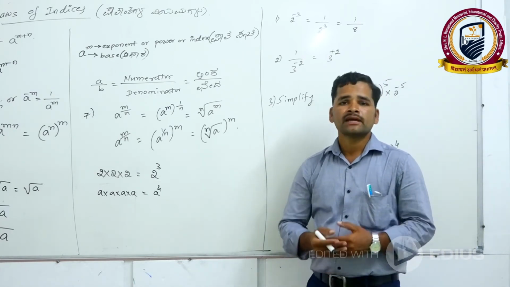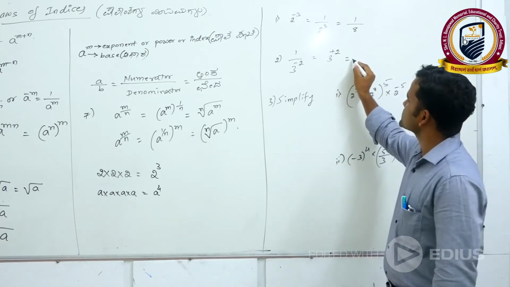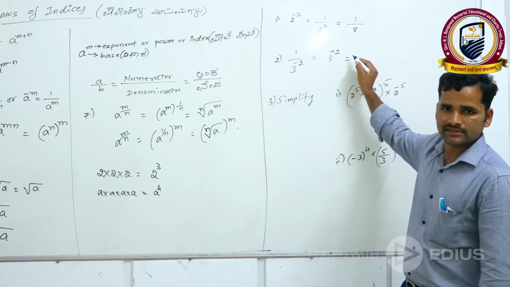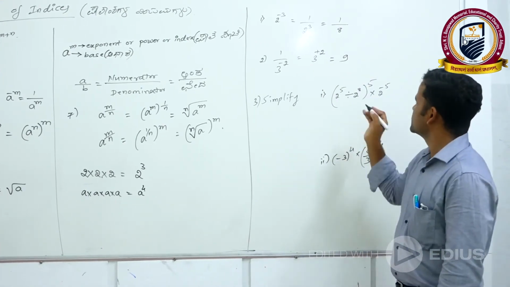Now we say 3 is getting multiplied 2 times, so this is 3 into 3. Answer is 9. Next, simplify.